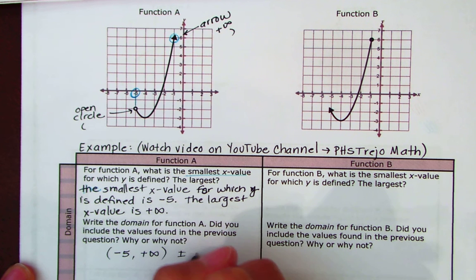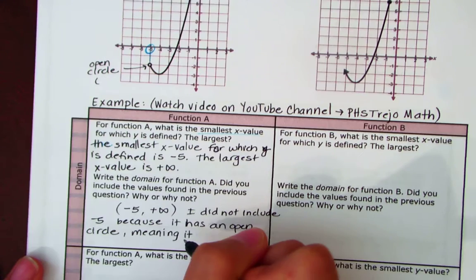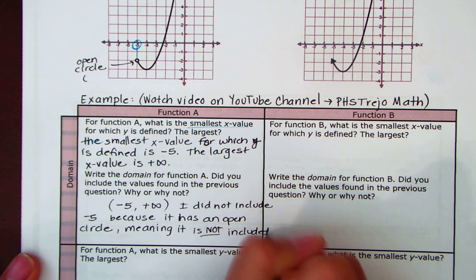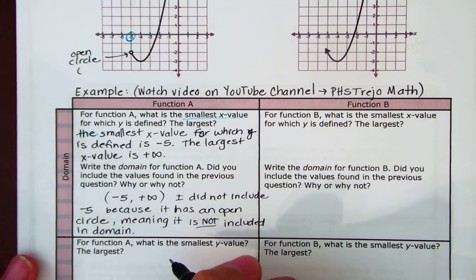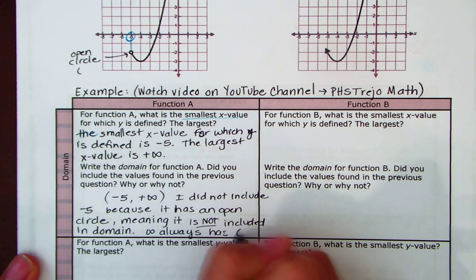And you're going to write, I did not include -5 because it has an open circle, which means it is not included, and infinity always has parentheses.